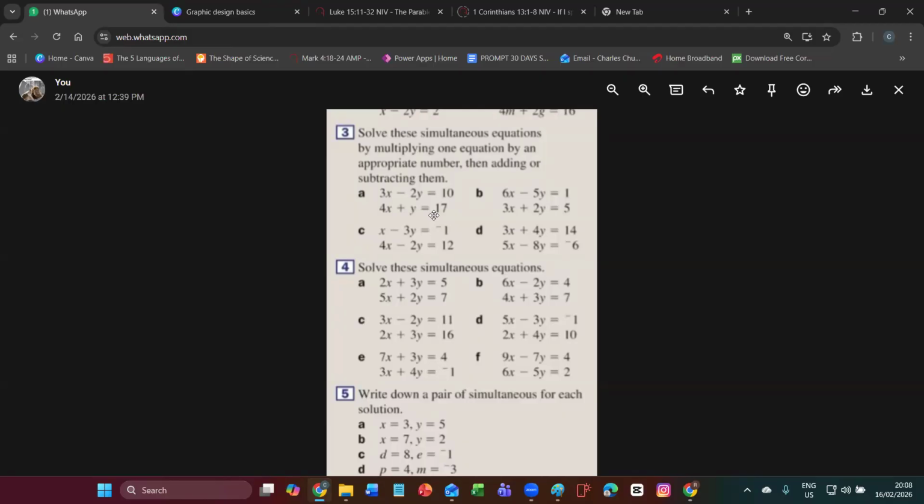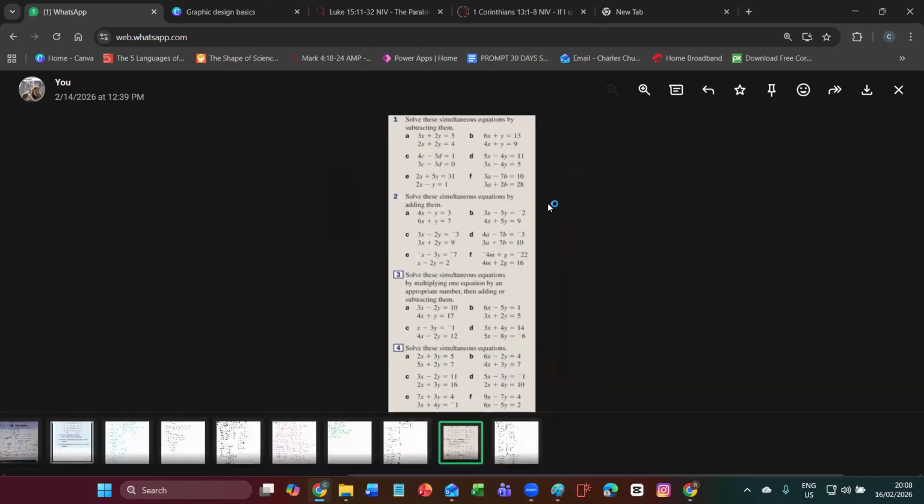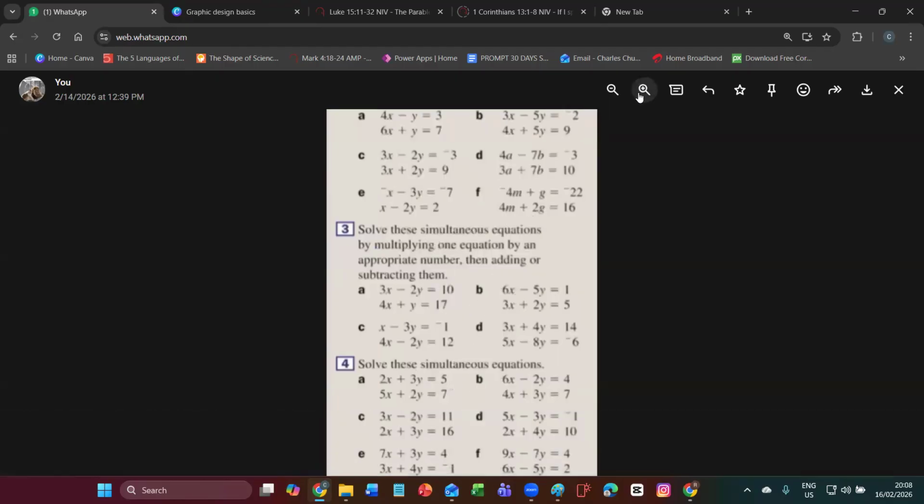If you are going to solve questions here, I will expect you to take a shot at number three, 3B, 3C, 3D, and then number four from A to F. And you can leave number five. That one is not really simultaneous equations.